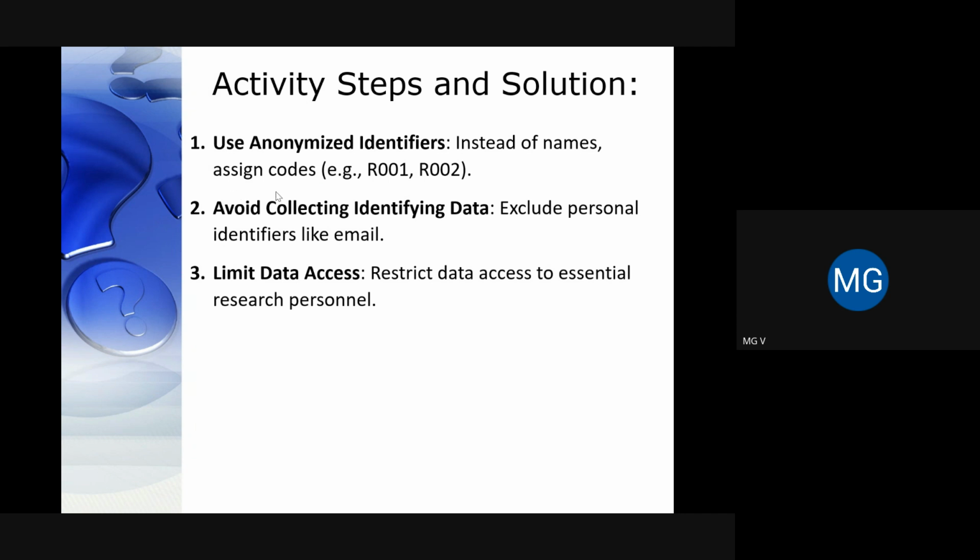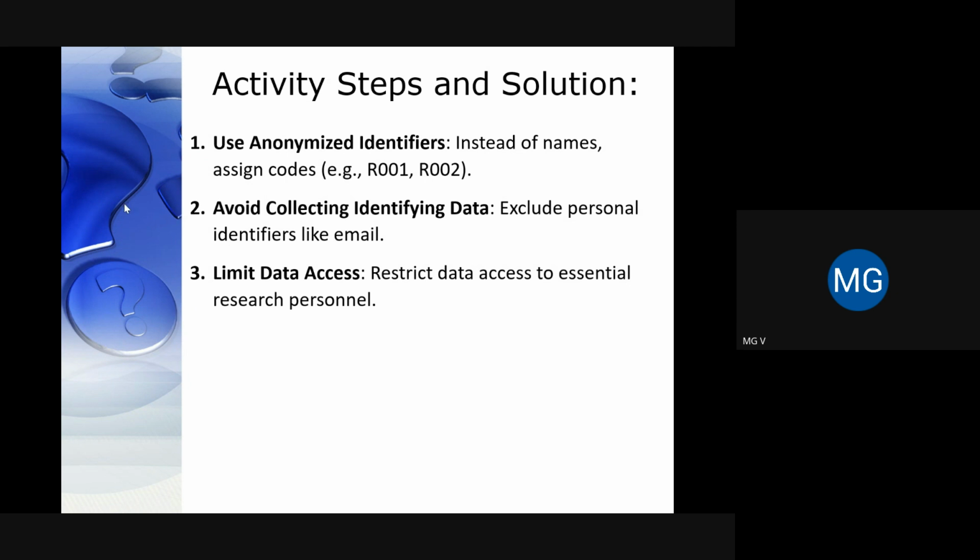Instead of names, you can assign them codes like R001, respondent 1, R002. Why have we taken 3 digits? It means we have a minimum of 100 respondents. 3 digits, 3 places: unit, tens and hundreds. Right? So if you assign codes, you know the responses, but you do not know who said what.